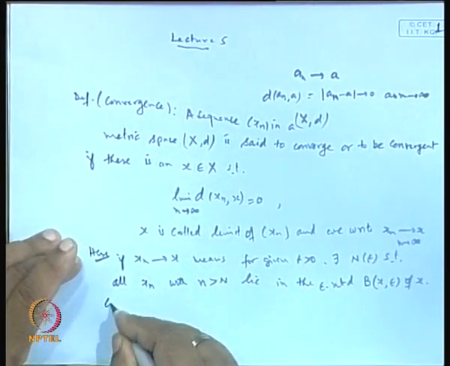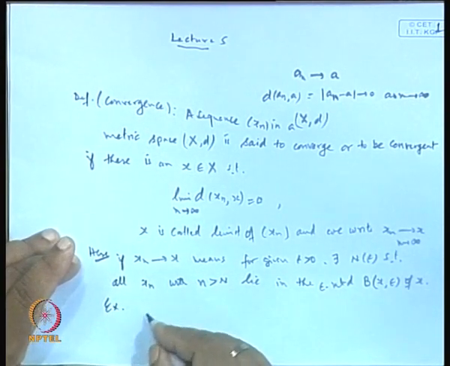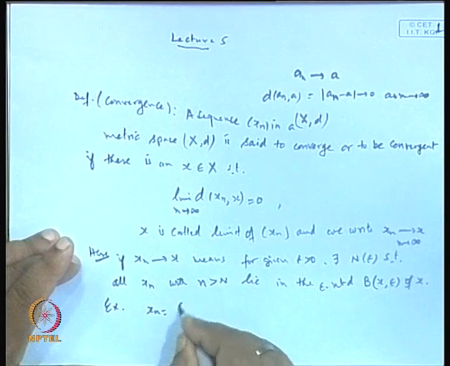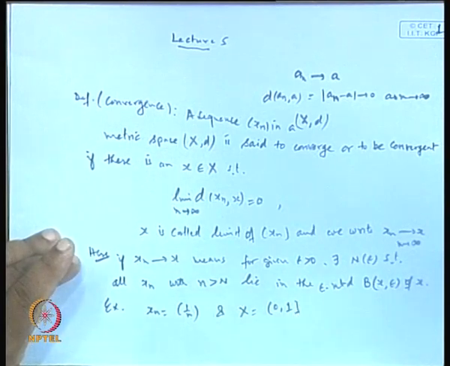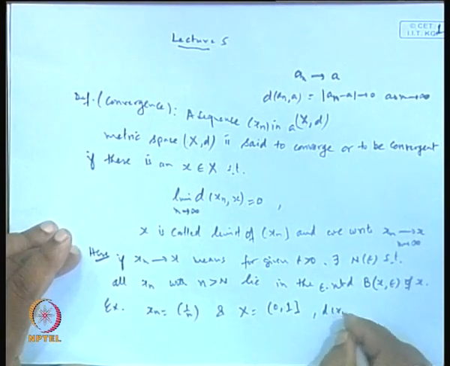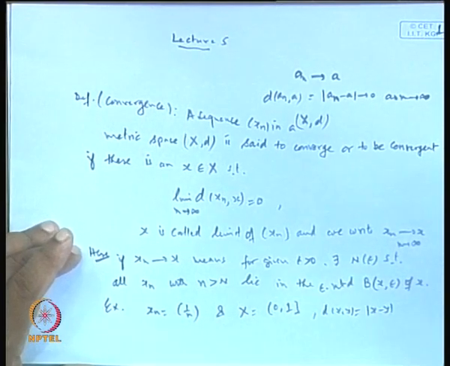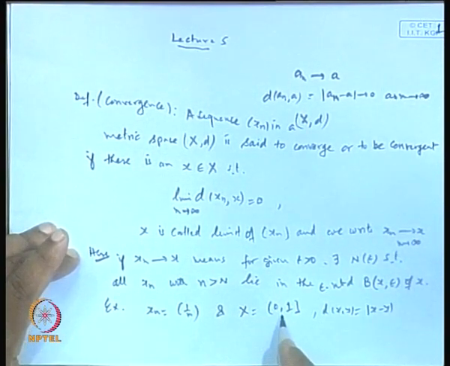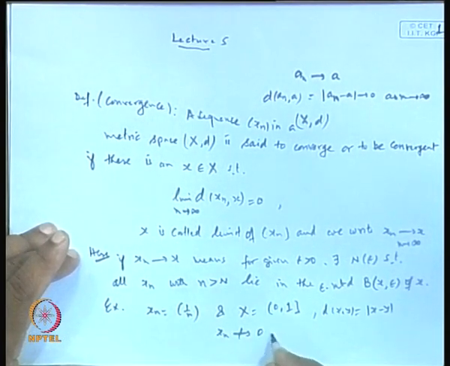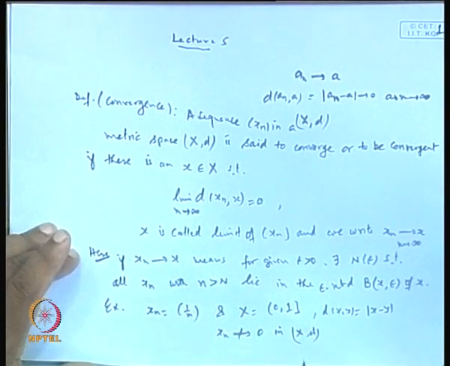For example, if we take a sequence x_n equal to 1 by n, and our capital X is the semi-closed interval (0, 1], and the metric d is |x minus y|, then though the sequence x_n goes to 0 as n tends to infinity over the real line, 0 is a point which is not available in the space X. So we say x_n does not converge to 0 in the metric space (X, d), because the limiting point is not available here.